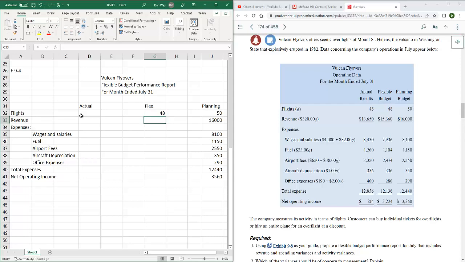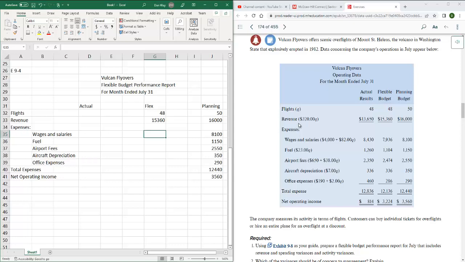Now that revenue number, just to be clear, it's given for us $15,360. But that is the revenue formula, this expected bill rate of $320 per flight, times the actual number of flights served of 48. Okay, so that's how we got that number there.